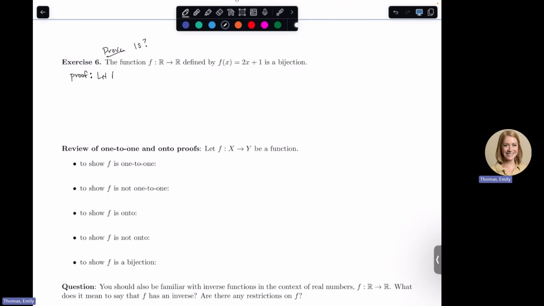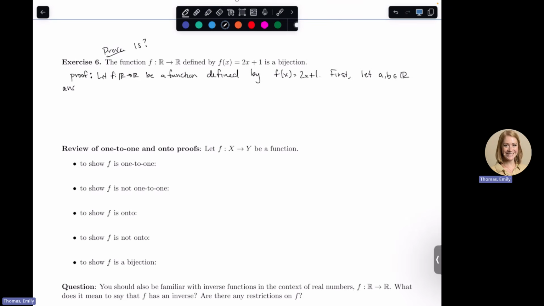Let f from R to R be a function defined by f of x equals 2x plus 1. First, let A and B be in R. I'm showing 1 to 1 first.